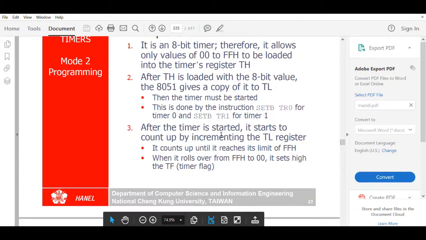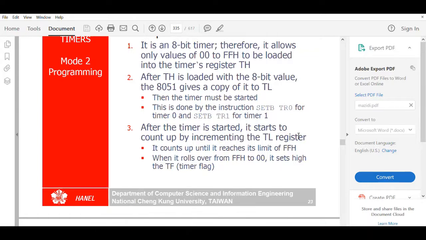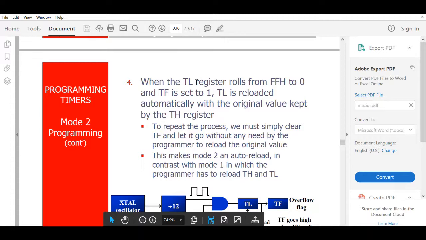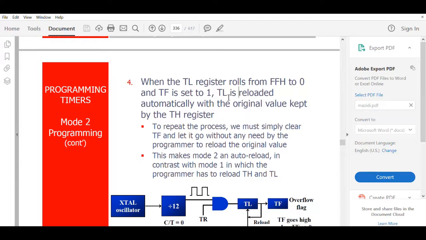After starting the timer, it will start to count up, incrementing the TL register, and it counts up until it reaches FF. Then it goes to 00, making the timer flag equal to 1. When the timer flag is equal to 1, TL is reloaded with the value from TH, because TH had a copy of whatever value TL had.